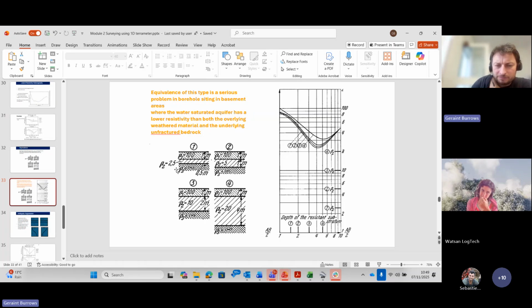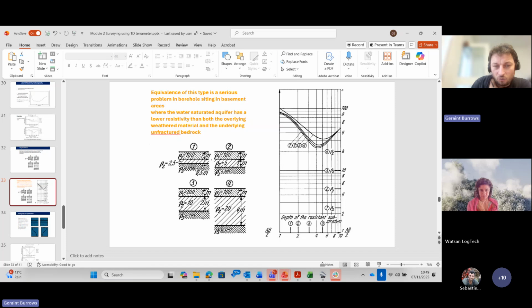I didn't explain this very well, but I suppose the key way to look at this is to think of it a bit like a pipe, really. In all four of these cases, we have layer 1 with a resistivity of about 100 ohm meters, and then the bottom layer, the crystalline basement let's say, has a very, very high resistivity.